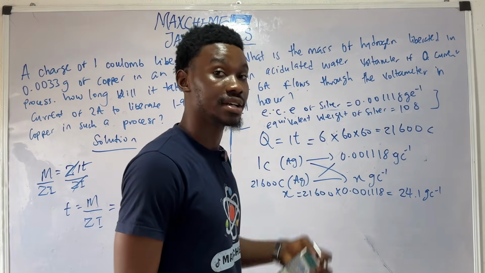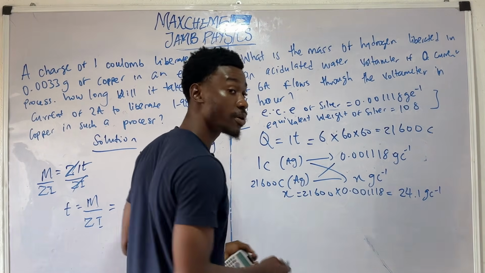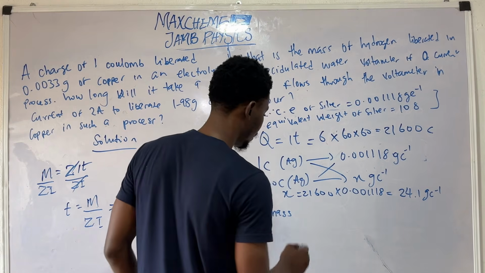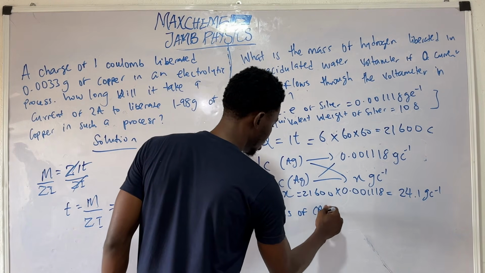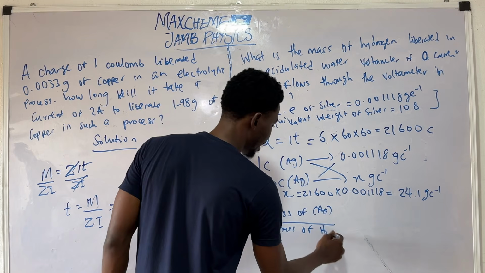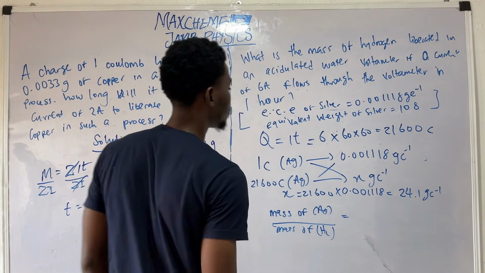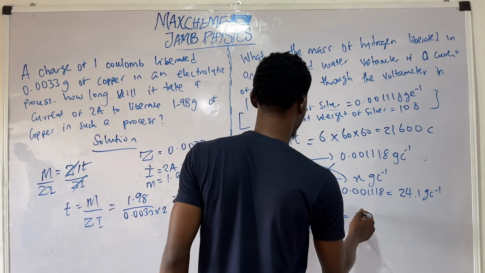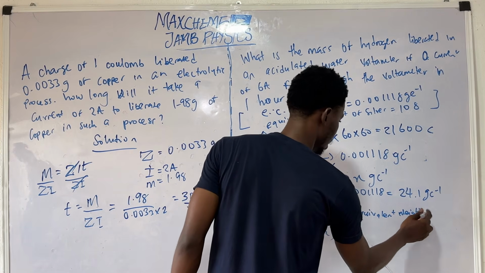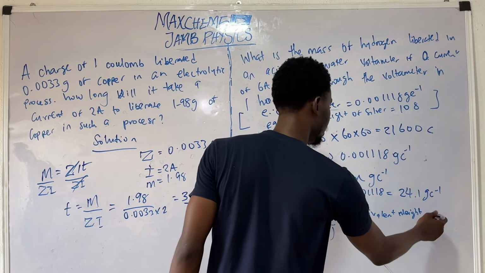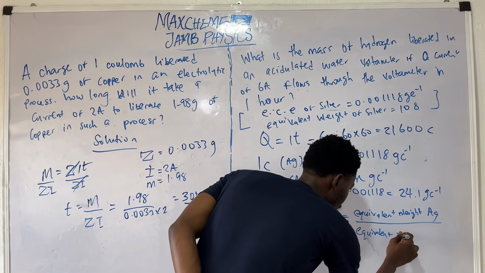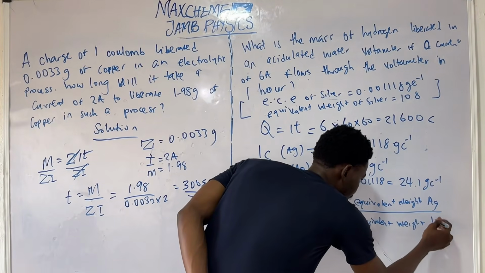And if you can remember, Faraday's second law of electrolysis says that the mass of silver, Ag, over the mass of hydrogen, H2, is equal to the equivalent weight of Ag over the equivalent weight of H2.